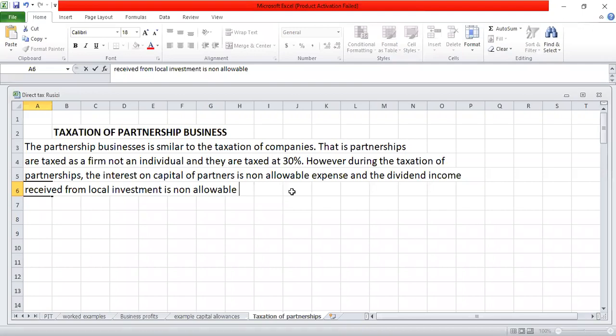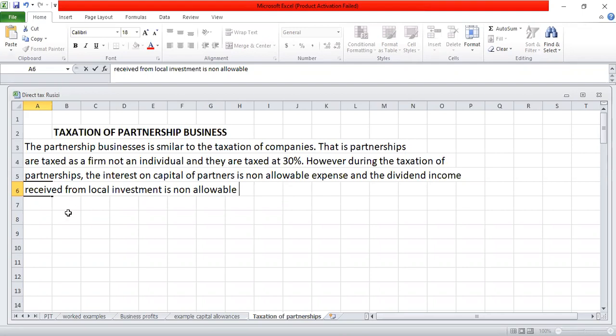And the dividend income received from a local investment is also not allowed for tax. I mean, a non-allowable income.